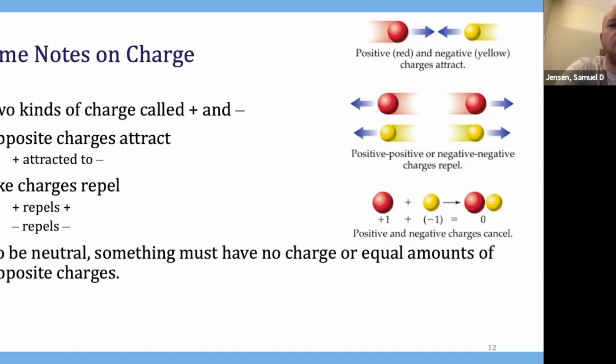So the simple existence of opposite charges means that there will be, in some statistical amount, an attraction between atoms, which means from the universe, we will get molecules from atoms naturally.